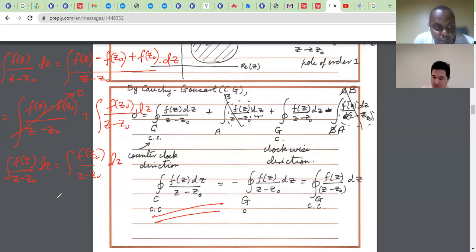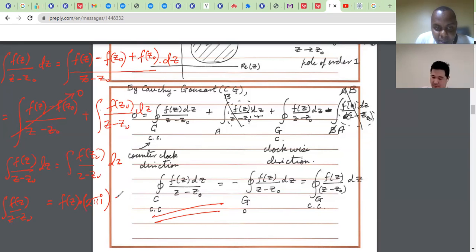But now because we can pull the f(z naught) out, this becomes f(z naught) times the integral of 1 over z minus z naught, which is the same as 2 pi i, right? Yes. So in the end, we have the integral of f(z) divided by z minus z naught equals f(z naught) multiplied by 2 pi i, right? Yes.